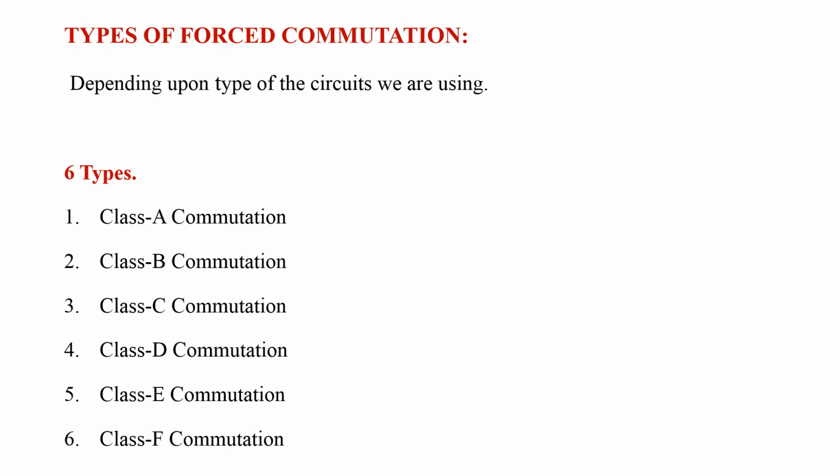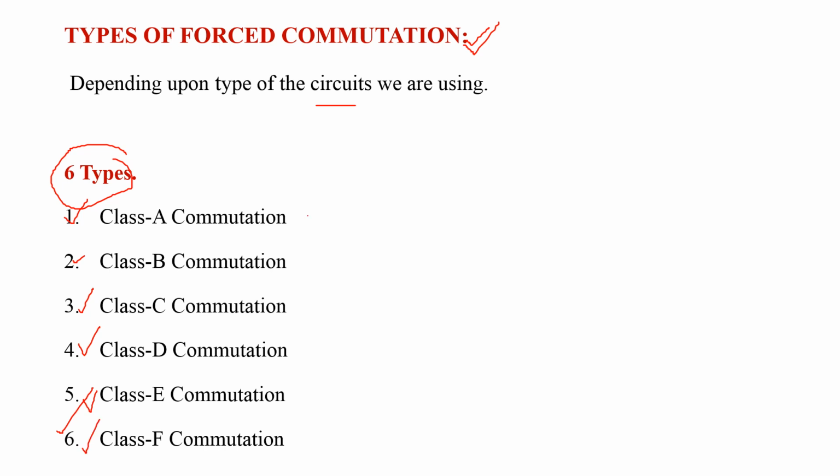Coming to types of forced commutation, depending upon the type of circuits we use for turning off the SCR, forced commutations are mainly classified into 6 types. Those are from class A to class F, that is class A commutation, class B commutation, class C commutation, class D, class E, and finally class F commutation.